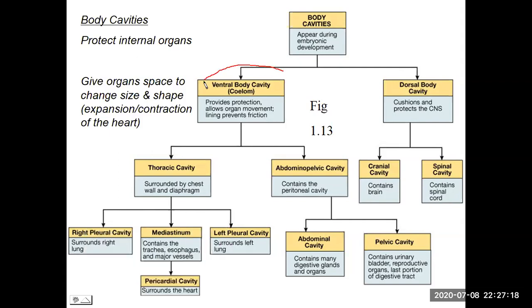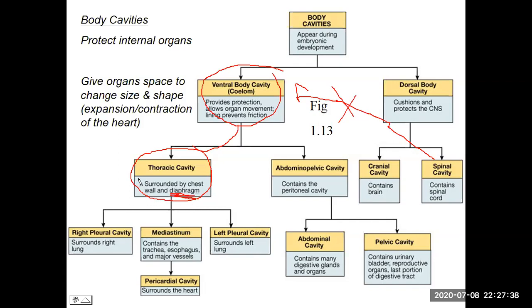So to start out, we're in the ventral body cavity, the torso excluding the spinal cavity. It's then divided into the more superior thoracic cavity, superior to the diaphragm.